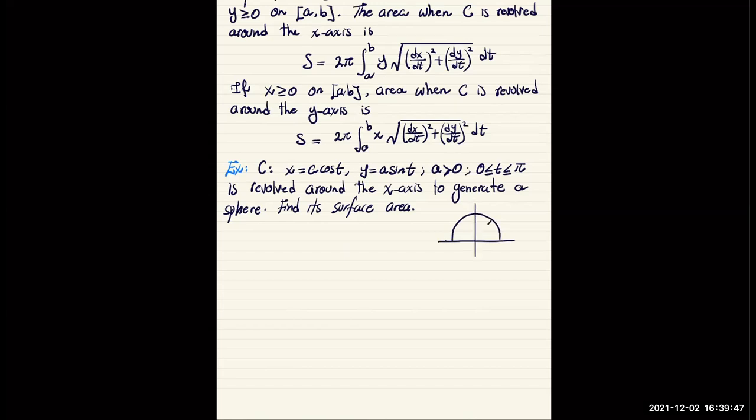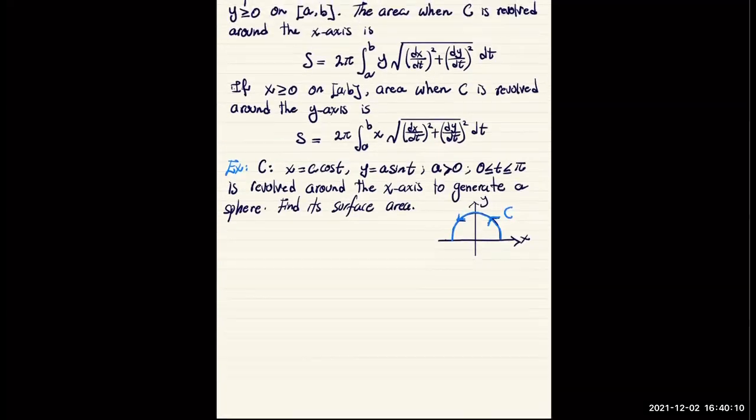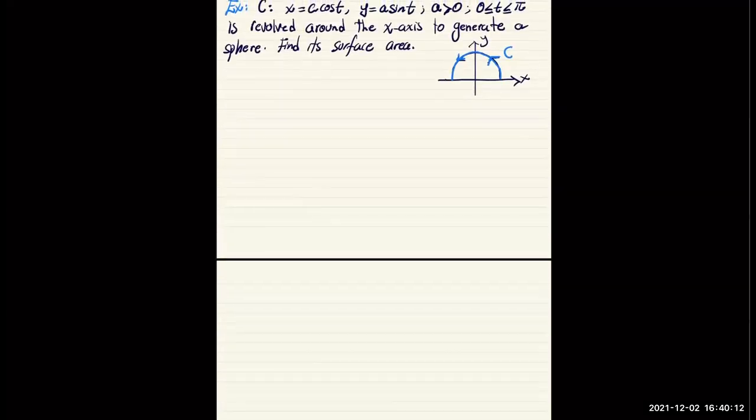This is the parametric function, the function's graph, that's your curve. It's always above the x-axis, so your y is greater than or equal to 0 on 0 to pi. All right, we've already checked the requirements.